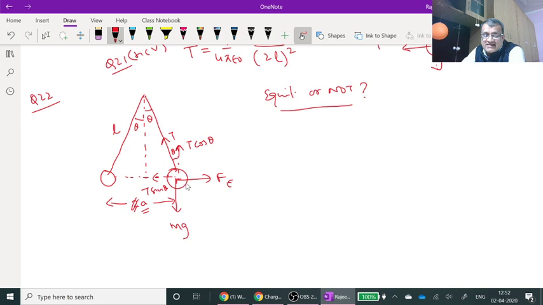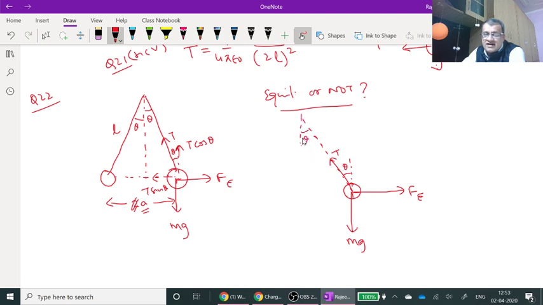It says that instead of these directions, draw the forces acting on it along the string and perpendicular to the string. Say these are the forces acting: mg, Fe, and there is this tension T. This is the angle theta, same as this one.